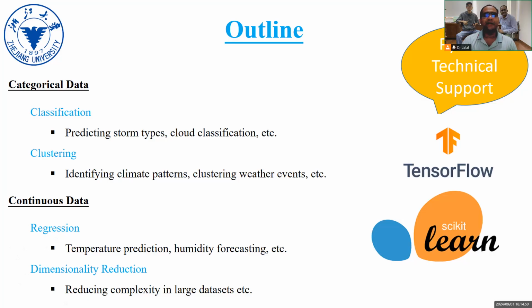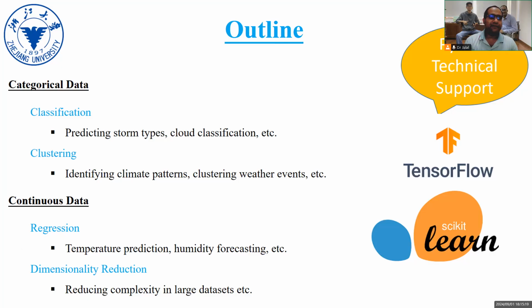Regression uses a statistical or machine learning model to predict continuous data sets. Depending on the independent variables, we predict the dependent variables, and we can see the relationship between dependent and independent variables. For example, we can do temperature prediction, humidity forecasting, etc.